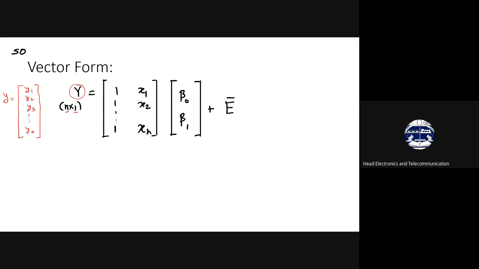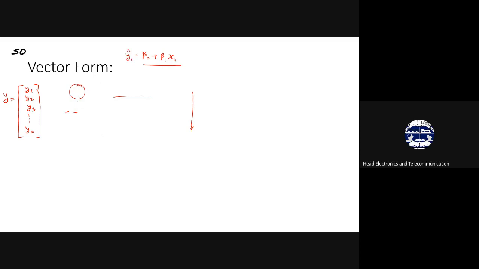Now this is equal to, so I take the first row and multiply with this column. What will be the outcome? It will be beta 0 plus beta 1 x1. So what is this? This is y1 predicted.